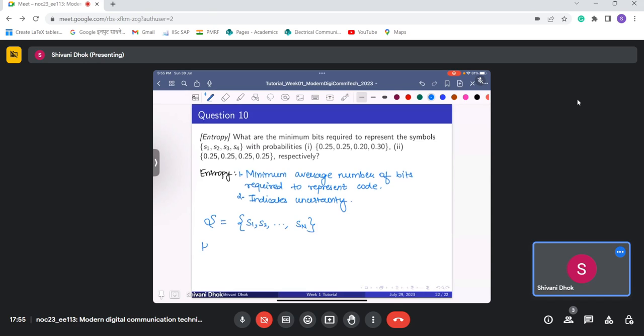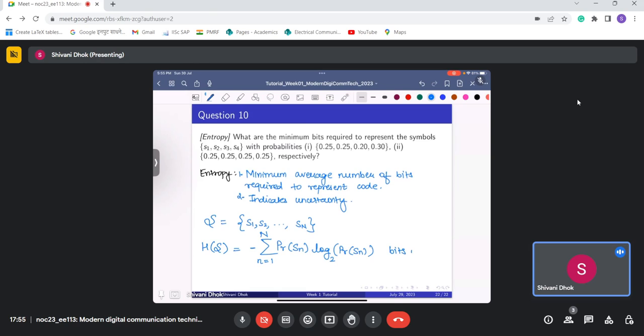The entropy of this set S, where H is the conventionally used notation for entropy, is given as minus summation n equal to 1 to n probability of occurrence of Sn into log of probability of Sn, and this log is to the base 2, in bits.